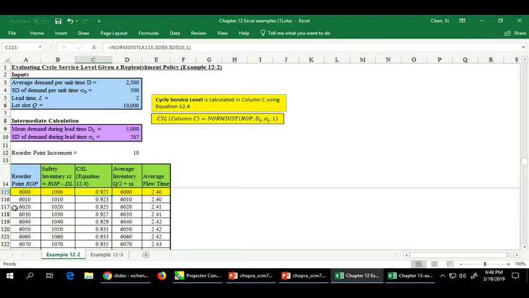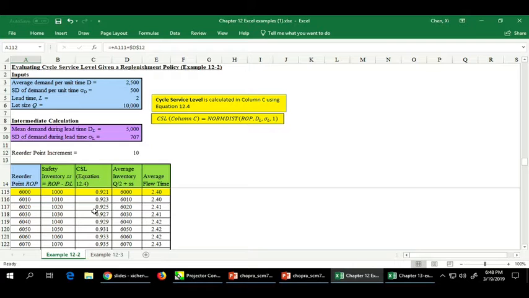You can do this for various different levels of reorder point. In practice, the reorder point is also a decision that you can change as the operations manager. For different reorder points, the larger the reorder point, the higher the CSL.